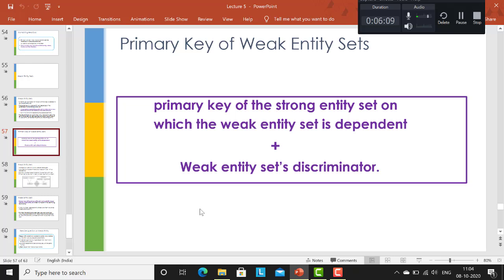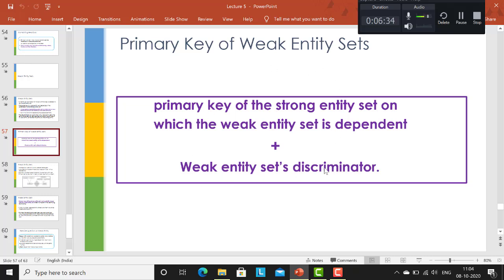That combination becomes the primary key. So this is the summary slide: the primary key of a weak entity set is the primary key of the strong entity on which the weak entity is dependent, for example, coaches are dependent on the train number, plus the weak entity set's discriminator.